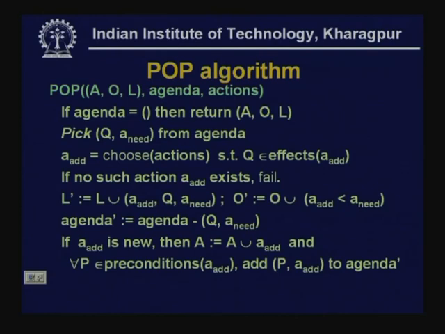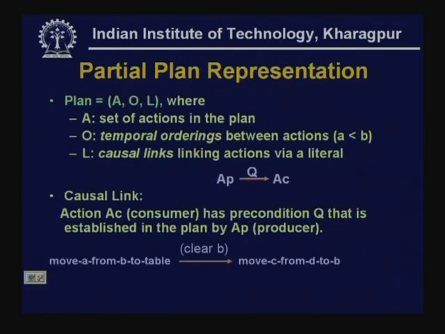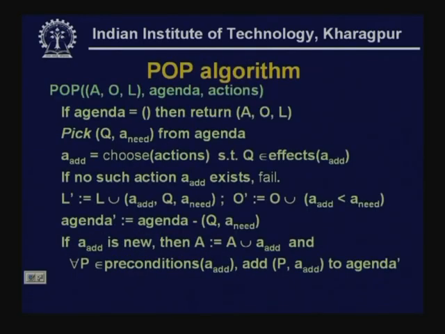A is a set of steps, O is a set of temporal orderings between steps, and L are causal links linking actions with the literals. So, the POP algorithm takes AOL as argument. In addition, it takes 2 other arguments, agenda and actions. Agenda is the set of flaws and actions are the set of actions that the agent can take.